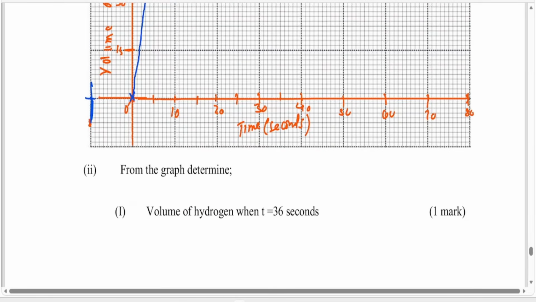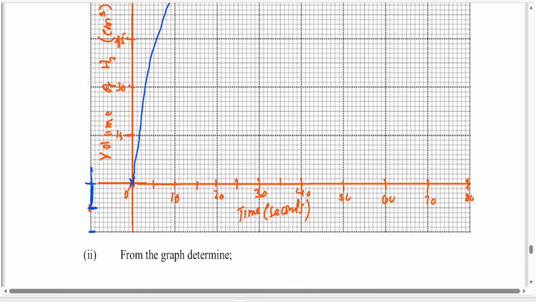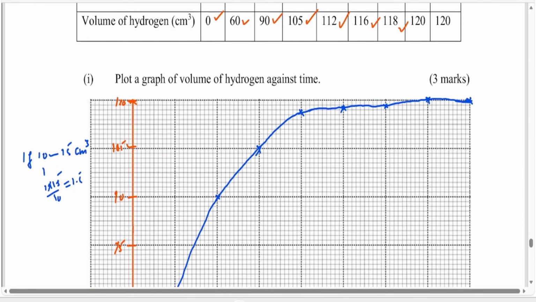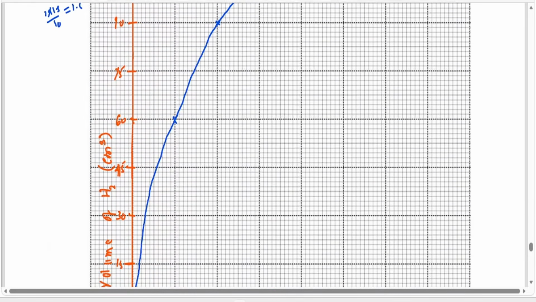For the x-axis, you can do it at this point, or you try at this point. Try to see before you make a decision where you are supposed to begin having your graph.